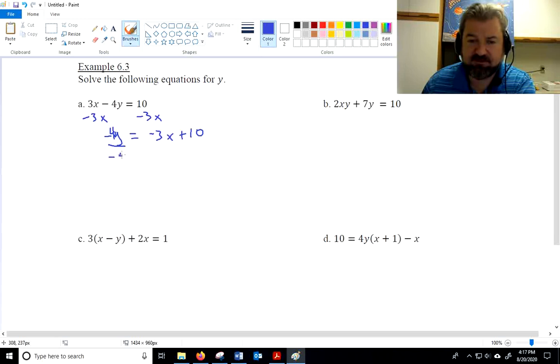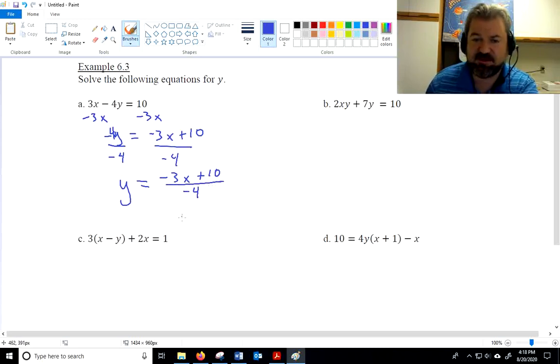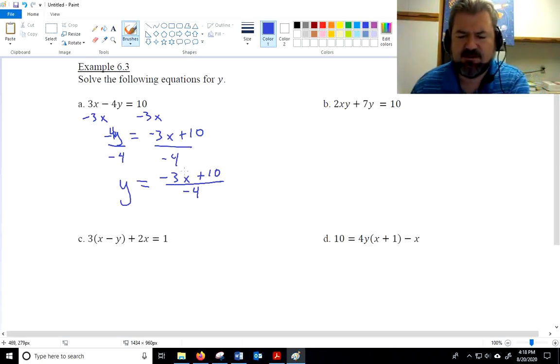Now I'll divide both sides by negative 4. So I get y is equal to negative 3x plus 10 all over negative 4. Then from here, we could divide each one of these terms by negative 4, but I'm going to go ahead and stop there. Just a couple of things to point out.